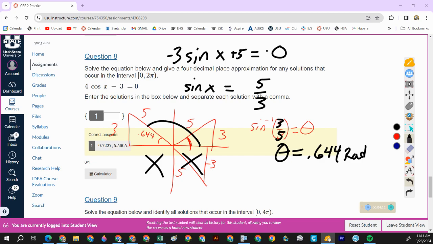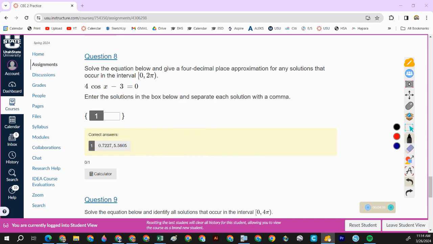So what is that angle? Well, that is pi, which is half of the circle, minus 0.644. And that will tell you both angles that have a sine value of 3/5. Does that make sense? Okay, that one should be really easy. I don't think I messed up a single time.